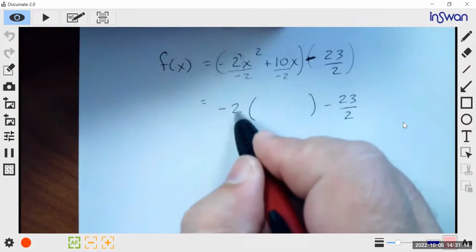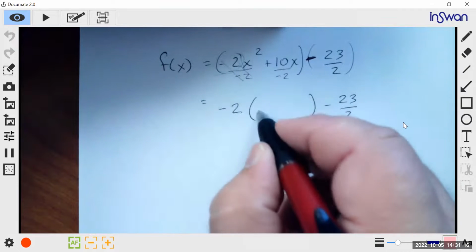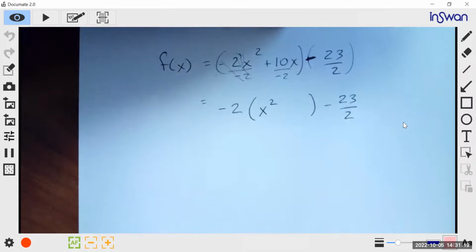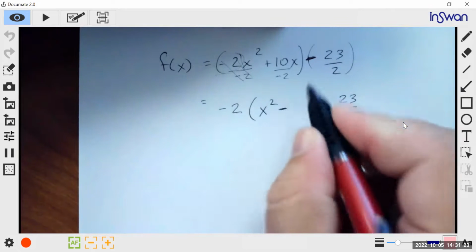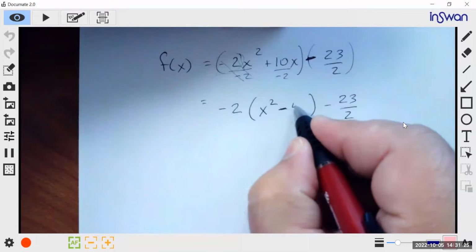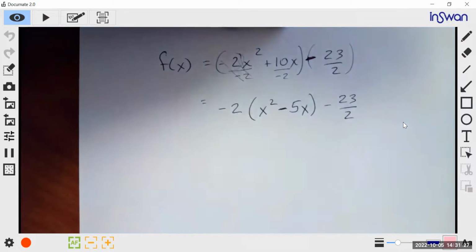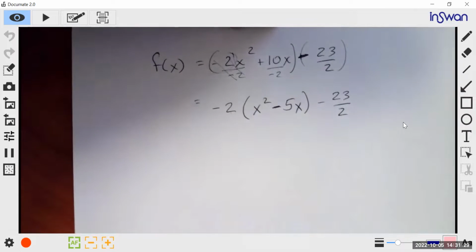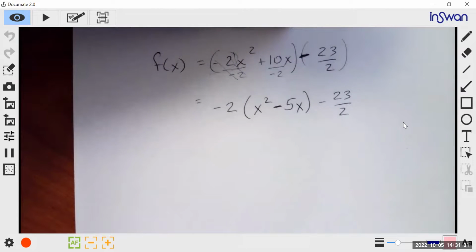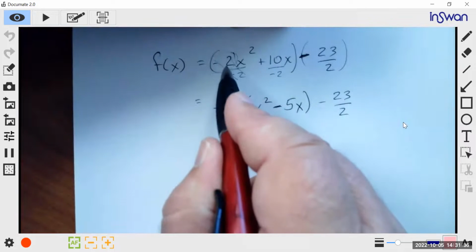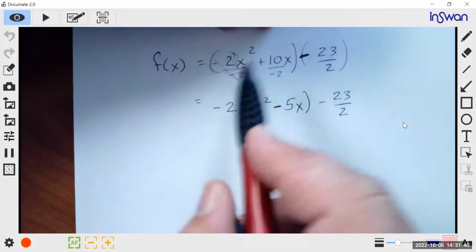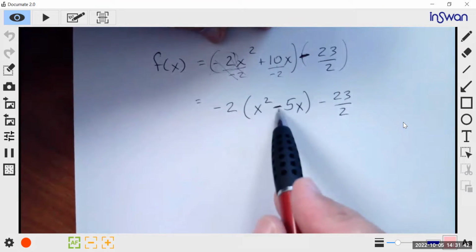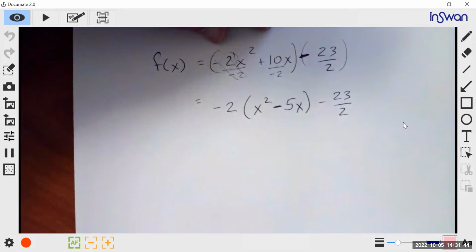So if I took out a -2, I simply have an x squared. Positive divided by negative is negative. 10 divided by 2 is 5x. So far, so good. Since I had to take out the -2, I take out a -2 out of both of these. If I took out the negative, I got to change the signs. And then I divide by 2.